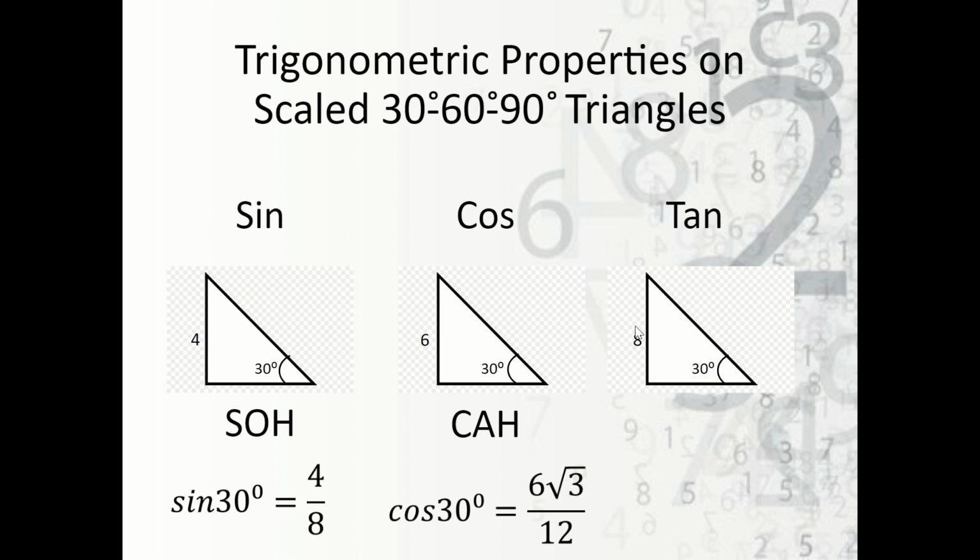Now this one we've scaled by 8, and we're trying to find the tangent, which is opposite over adjacent. So if this is scaled by 8, then we have to scale this one by 8 as well. So that's 8 times square root of 3. So we should end up with the opposite, which is 8 over 8 square root of 3. And those should be our answers.